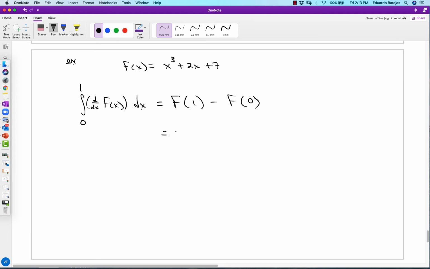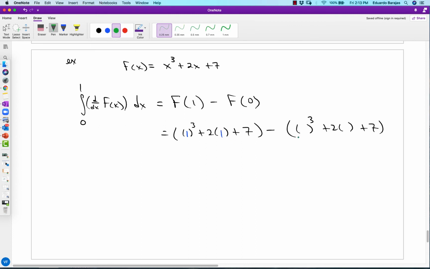And so now this is just going to be something cubed plus 2 times something plus 7, minus something cubed plus 2 times something plus 7, right? Just following the rules for capital F and evaluating it at 1, I get 1 cubed plus 2 times 1 plus 7.